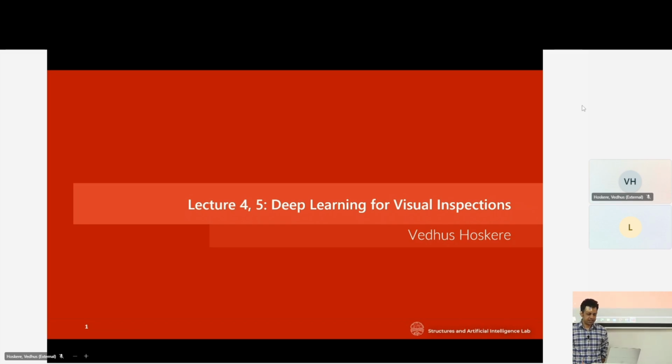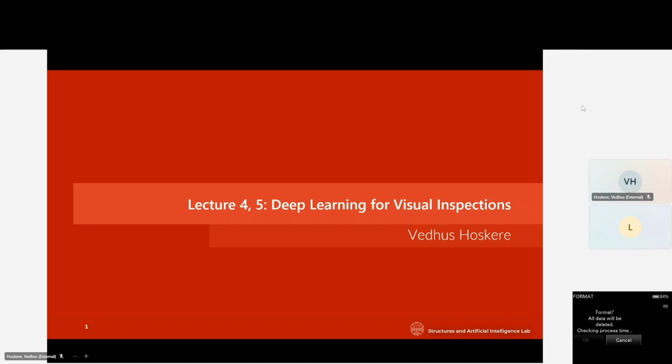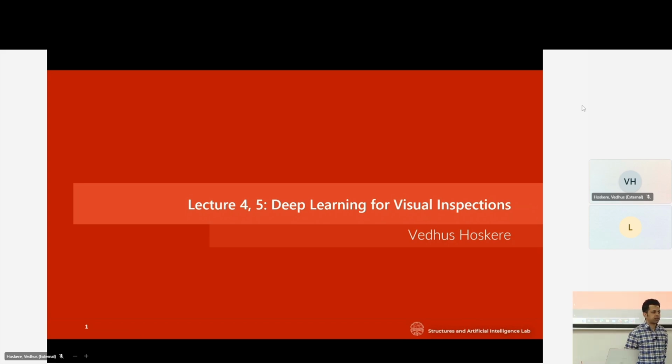Today, we're going to be talking about deep learning. So far, we've been looking at some computer vision basics, specifically those basics relevant to metrology. Many of the techniques that we looked at so far have been well established for a while.